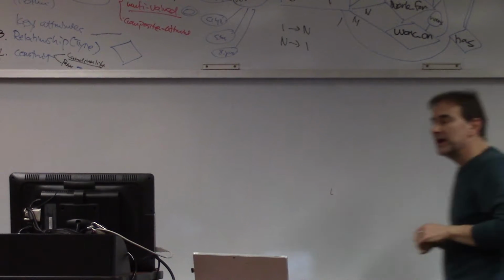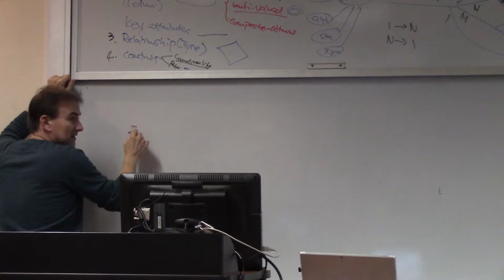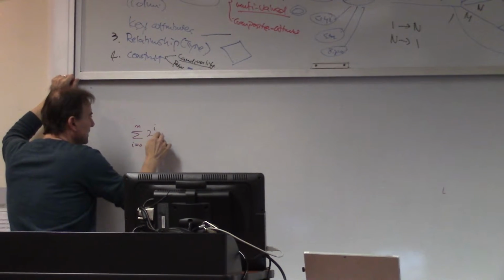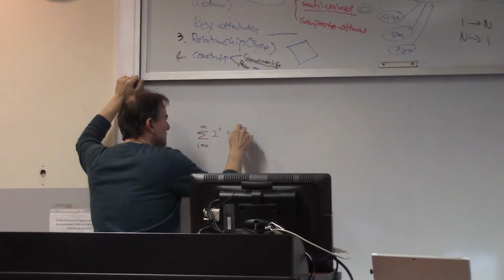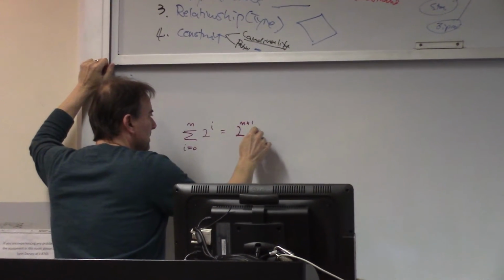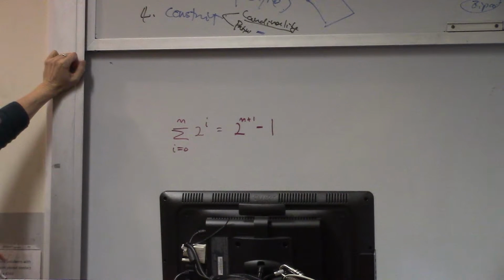The first proof I gave you was that the sum as i goes from 0 to n of 2 to the i is equal to 2 to the n plus 1 minus 1. So we want to prove it. I'll show you another approach, and if you like that way, fine.